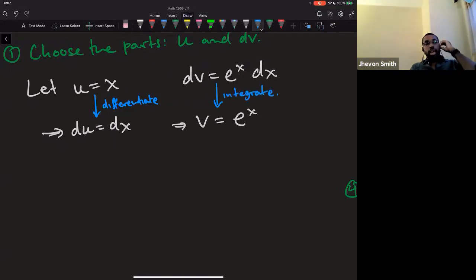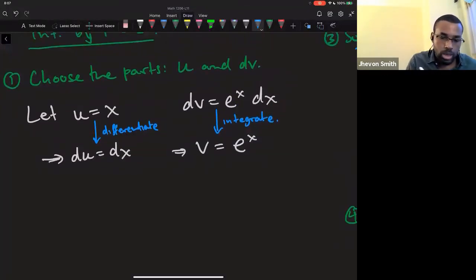So now notice that I have my u, my du, my v, and my dv. I have all the parts from the integration by parts formula. And I start by choosing the parts. So these guys here were chosen.